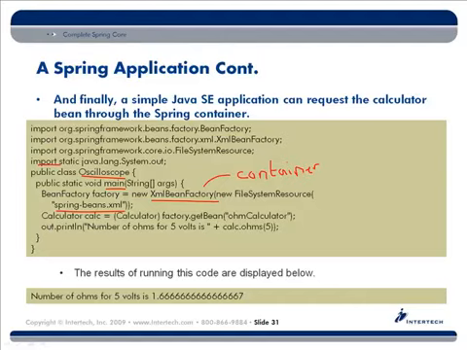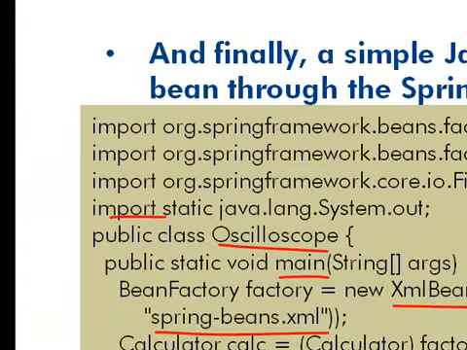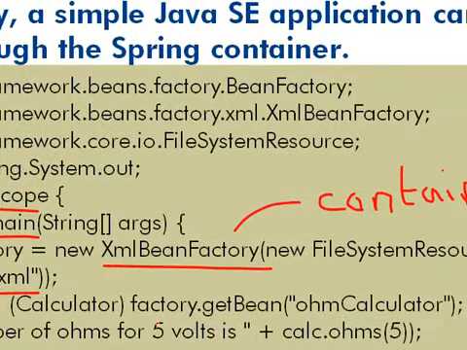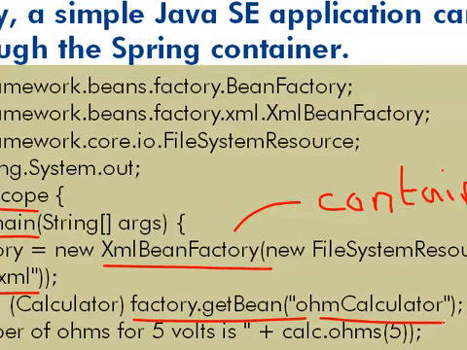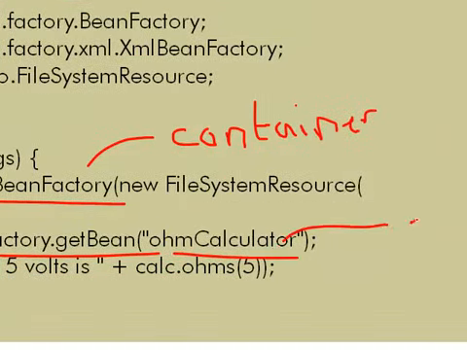Now, how do we use that container, which we call factory? Well, we simply ask the factory to give us a bean. Factory.getBean. And we provide the name of the bean that we want, in this case ohm calculator. Now where did that name come from?